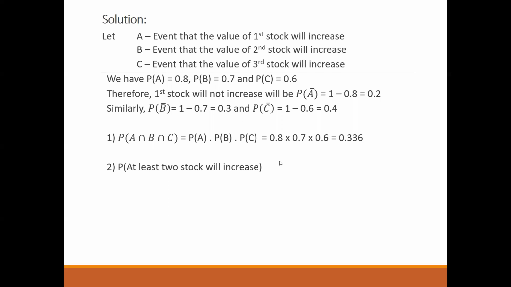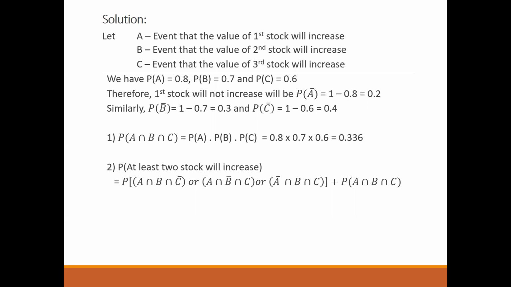Now, this can be written as this. Okay. Now, this is what the formula will look like. So we have P into square bracket, because at least two are going to increase, P(A and B and C bar). Now C bar means that C is not going to increase, right?